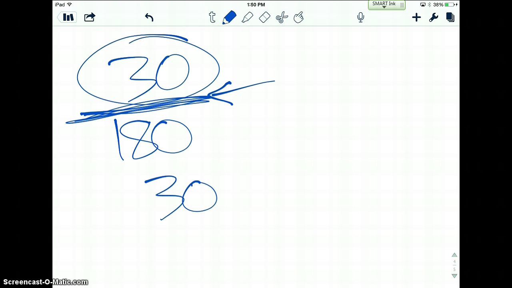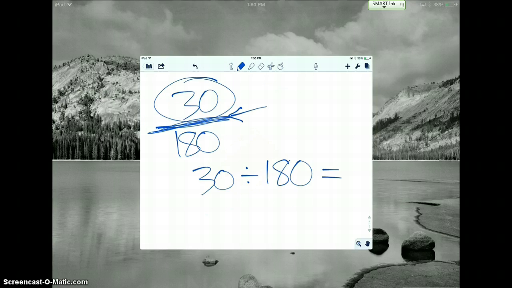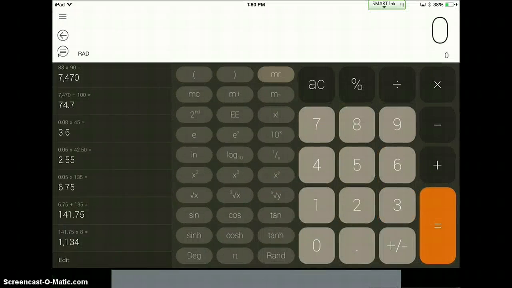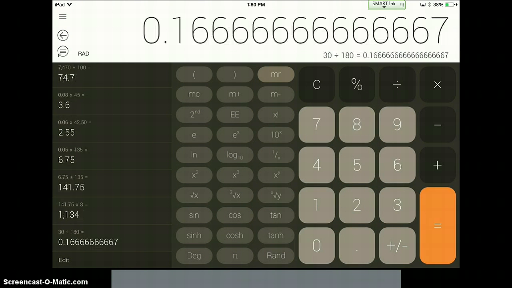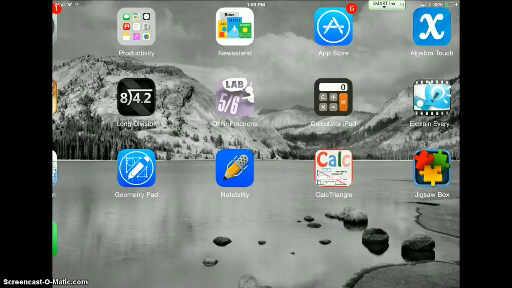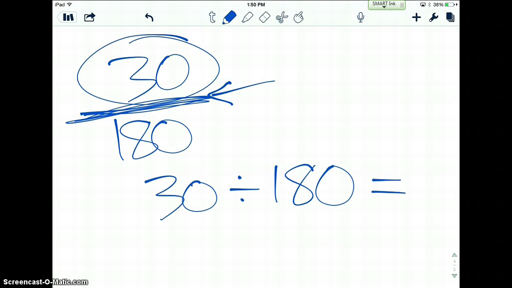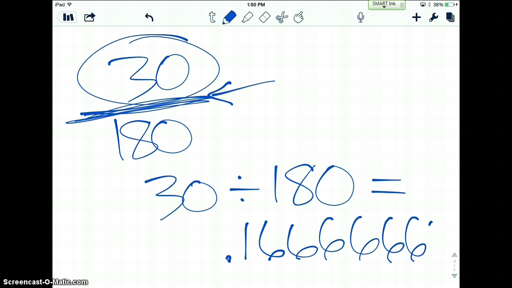So I'm going to take 30 divided by 180, see what decimal I get. Okay, so I'm going to go ahead and do that. 30 divided by 180. Ooh, I'm at 0.16 repeating. So I'm going to write that out here, 0.16 repeating. Okay, so it just keeps going like this.